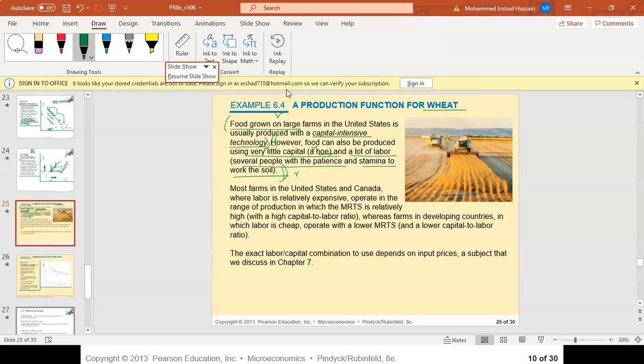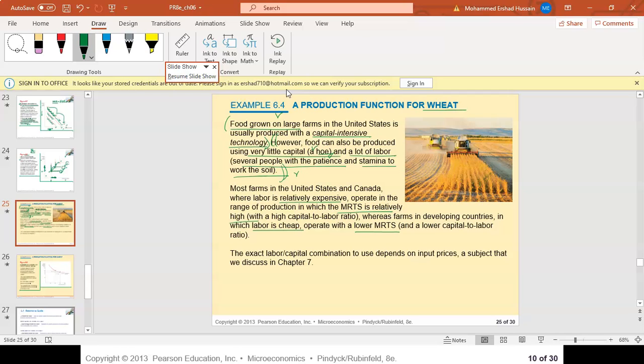This is what they used to do long ago, right? Now, most farms in the United States and Canada, where labor is relatively expensive, operate in the range of production in which the MRTS is relatively high, with a high capital to labor ratio. Whereas farms in developing countries, where labor is cheap, operate with lower MRTS and a lower capital to labor ratio.